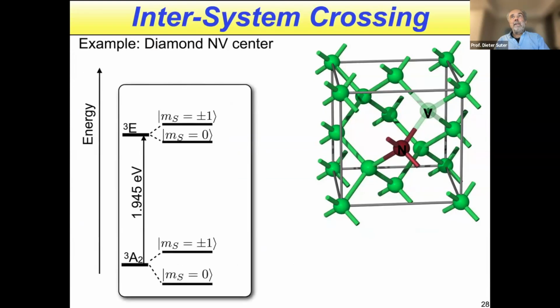It's based on intersystem crossing, and I would like to explain briefly how that works. This is the energy level system of the NV center. The ground state is a triplet A2 state, and the excited state a triplet E state. They are separated by about 2 electron volts.